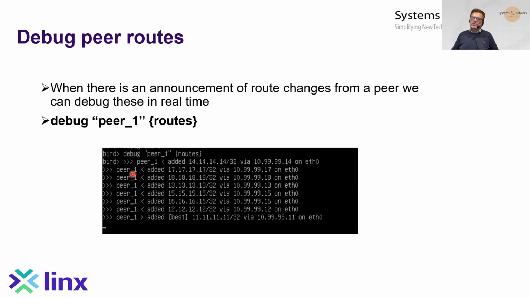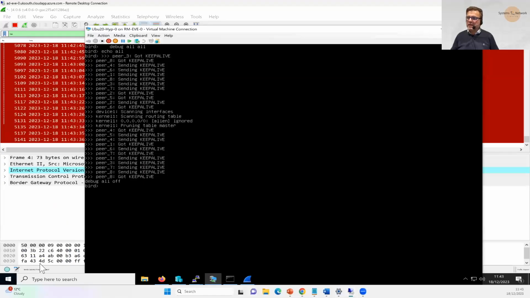I'm going to run this one because I'm going to show you a little bit of filtering in a second, so we can take a look at this. If I want to, for example, see the routes from a given peer, so any changes in routes, then I can use this command syntax here. And if that peer then announces to me different routes, then I can see those specifically through my debug here.